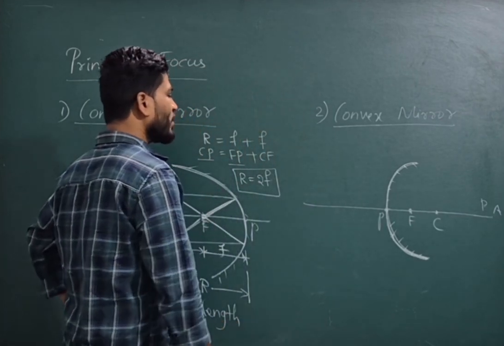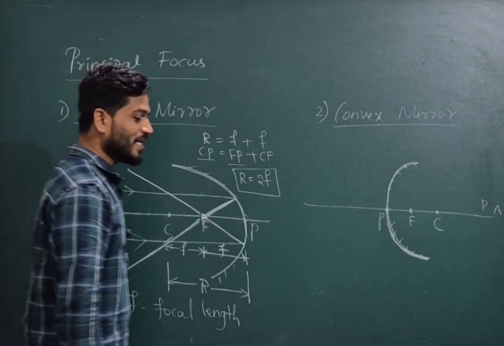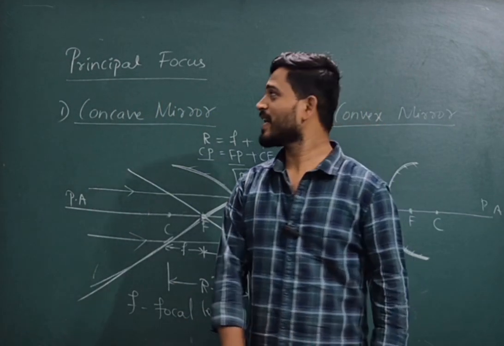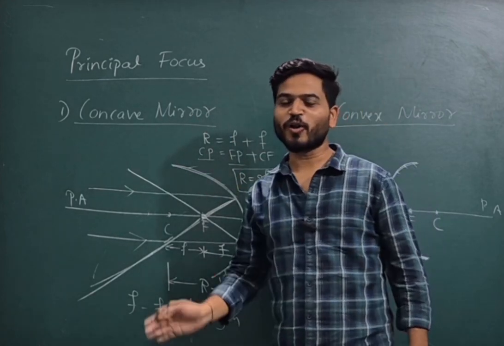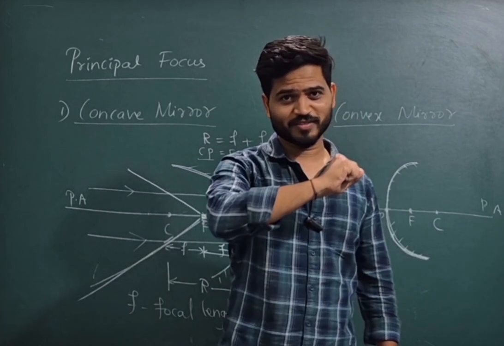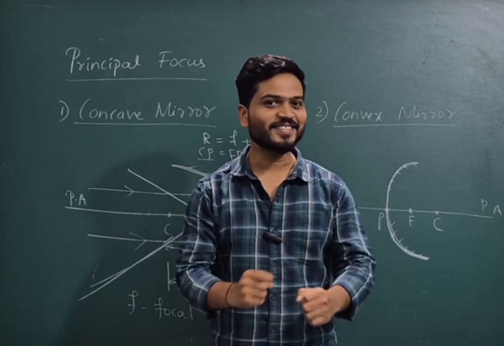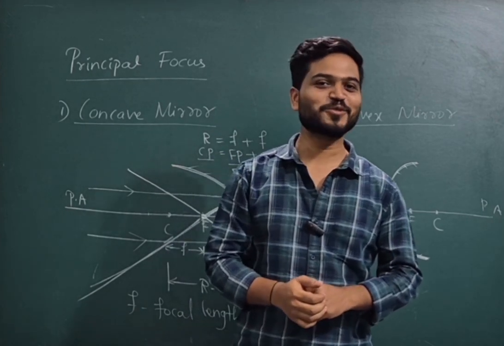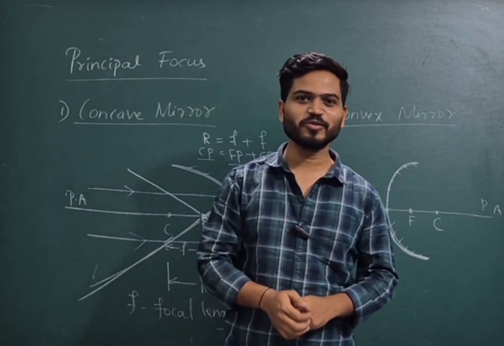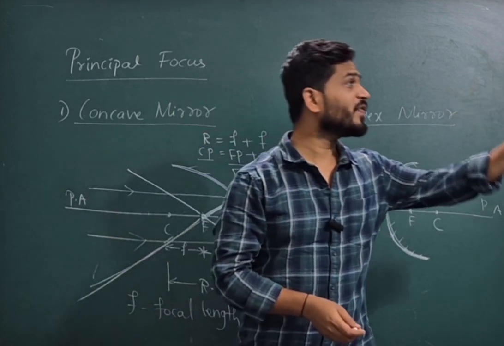So now, what I'm going to bring, can you guess, all of you? Whenever you analyze the principal focus, you always need to bring what? Parallel light rays. And I said that very clearly. When it comes to parallel light rays, it's always about infinity. Those light rays are coming from infinity.